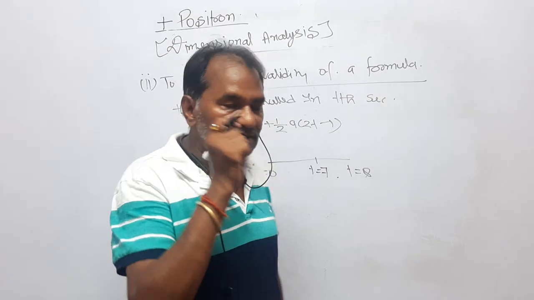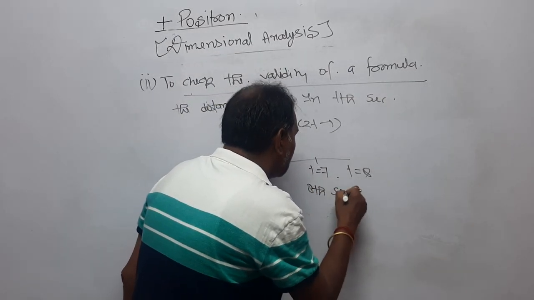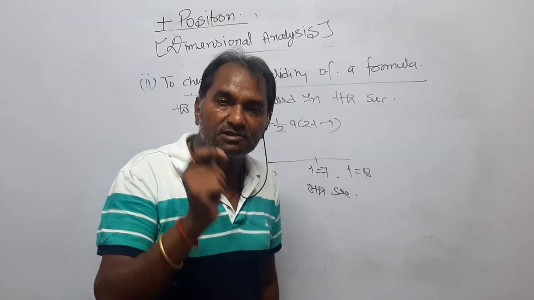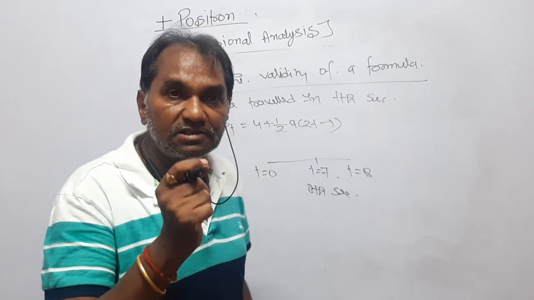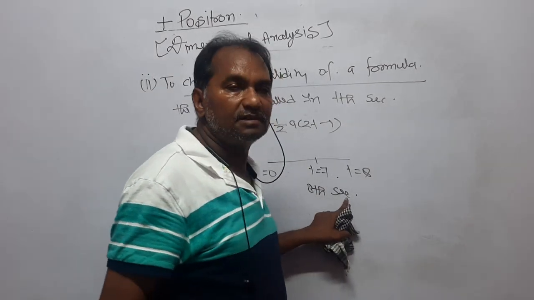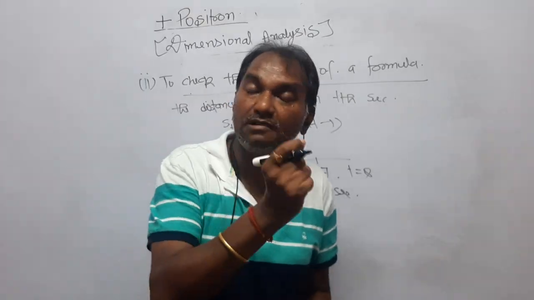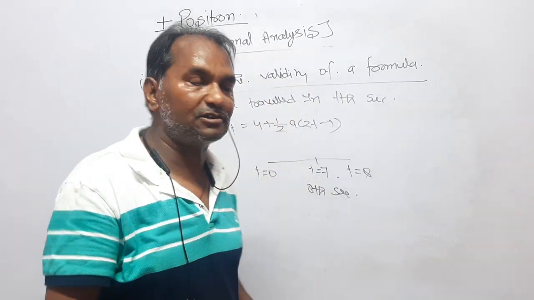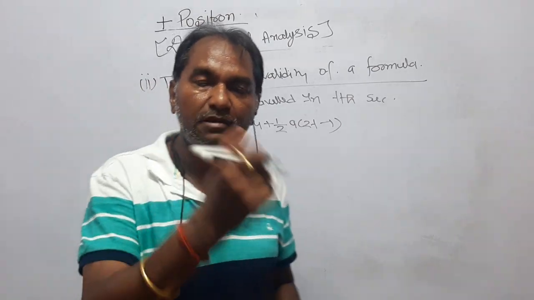But if it is asked the distance traveled in the 8th second, then it means the distance traveled between 7 and 8 seconds, right? It is the distance traveled in 1 second actually. And that is why s suffix t is actually the distance traveled in 1 second.